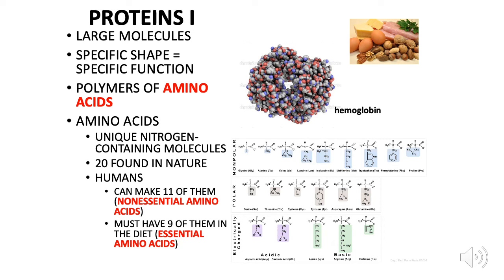Well, there are 20 different amino acids that are found in nature. Now, human beings, we can make 11 of those, and the ones we can make are called non-essential amino acids. We use the same basic definition that we used when we were talking about non-essential fatty acids. Non-essential fatty acids, remember, we could make them on our own.